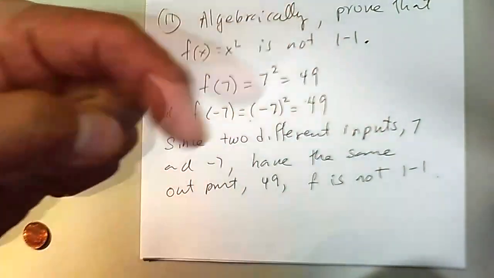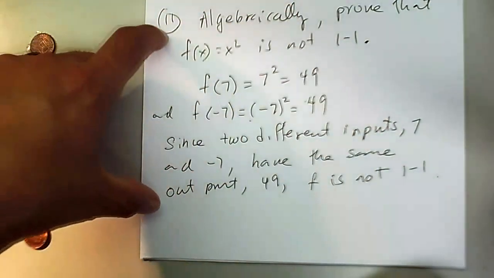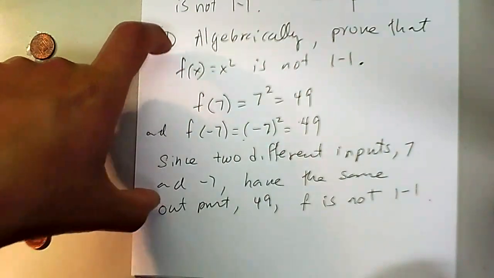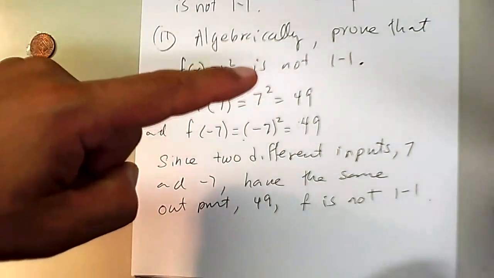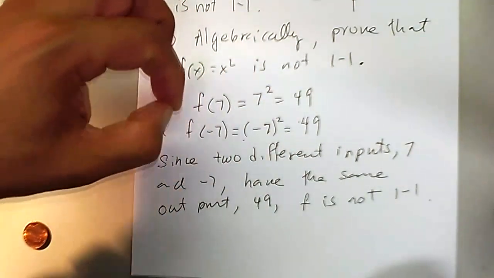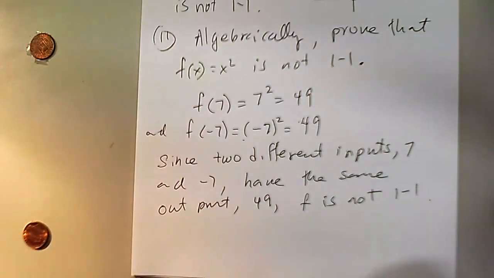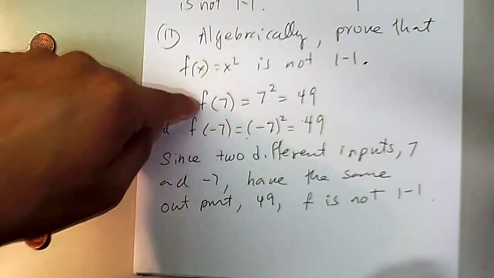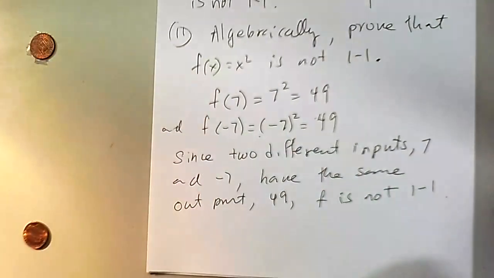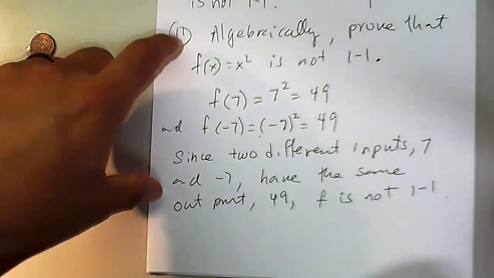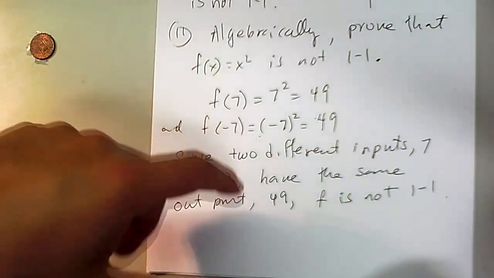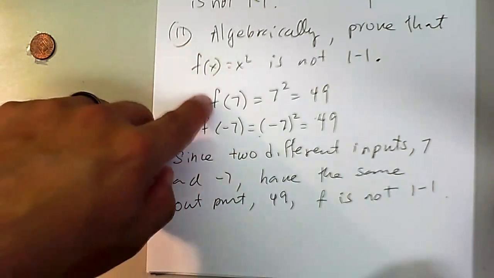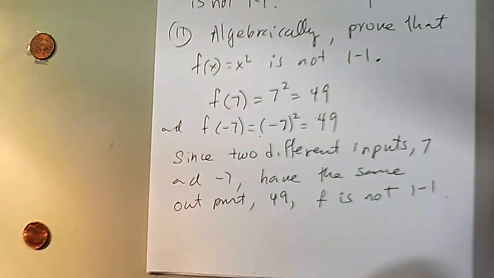And all we have to do is expose that situation once. So be very, very, very specific, super duper specific. So actually write down the numbers that you suspect will cause this not to be one-to-one. And there are many of them, 3 and -3 and 5. Please do not put x and -x.